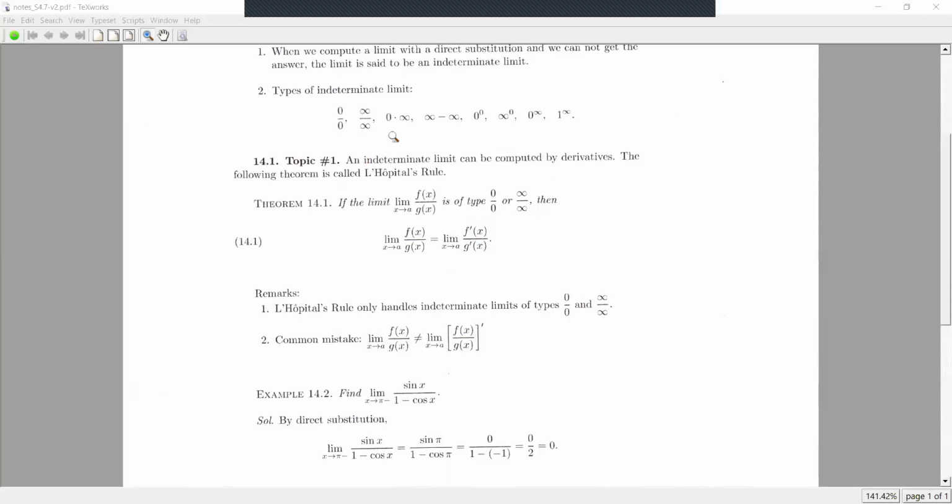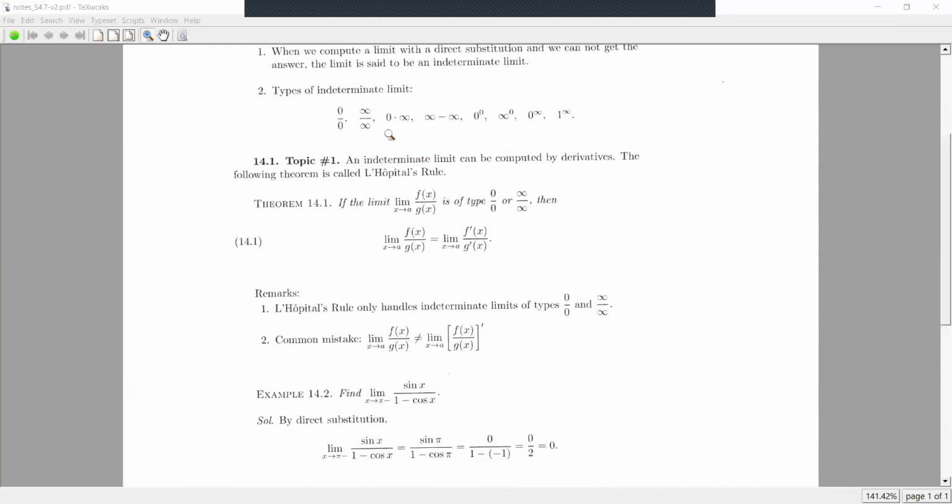If a limit is one of the remaining types, then how to compute it? In that case, you need to transform the limit into one of the first two types, then apply L'Hopital's rule.